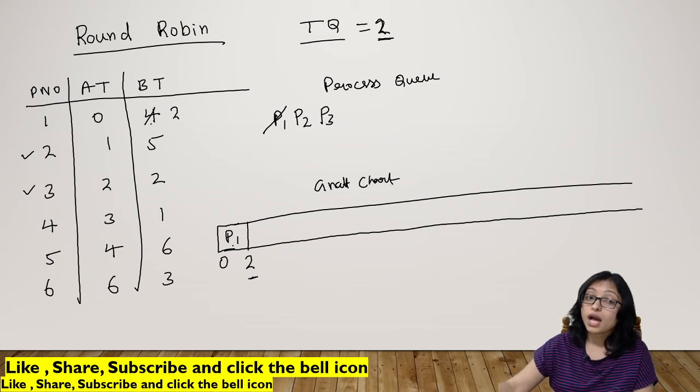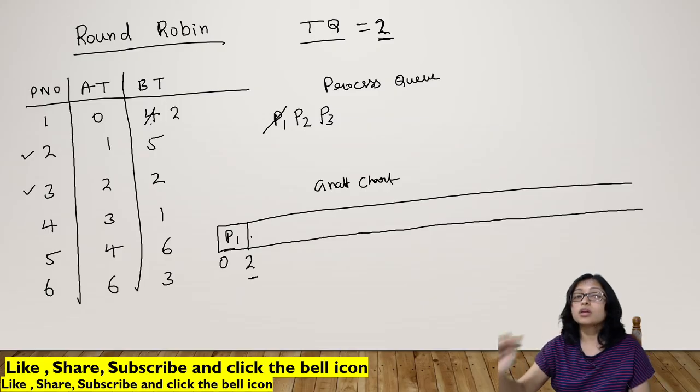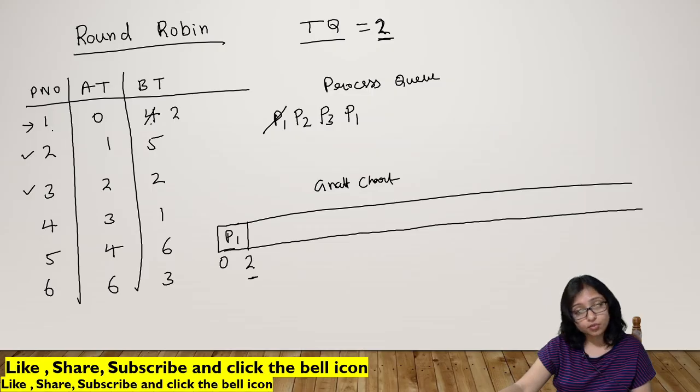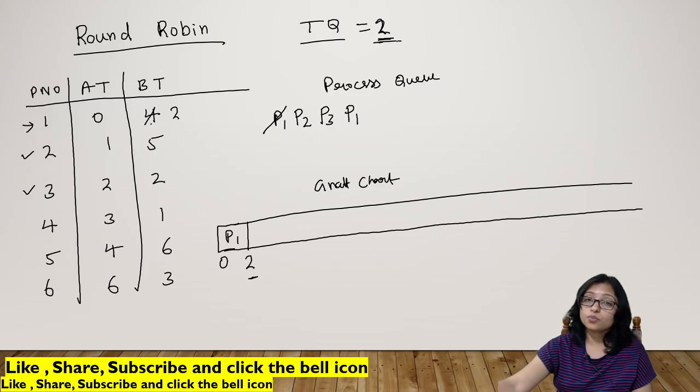And now I did not complete my task. Till now I need 2 more, so after that you have to write P1 again. This is very important here. You have to understand this part very carefully. I get the chance at arrival time 0, as my arrival time was 0, P1 gets the chance and executes 2 milliseconds, as your time quantum was 2 milliseconds.